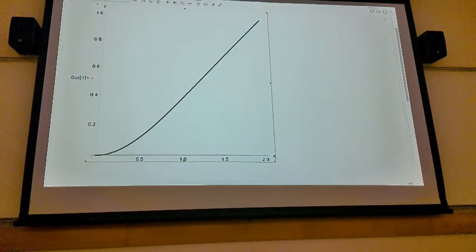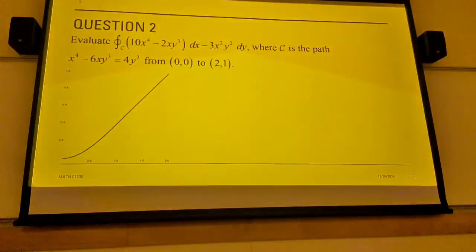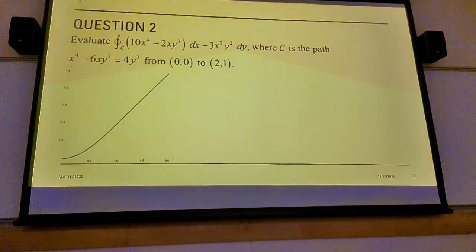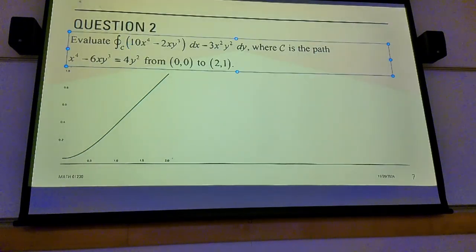What's the first thing you notice about that path?